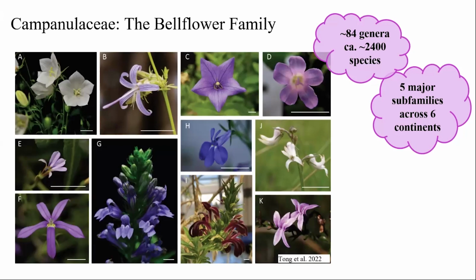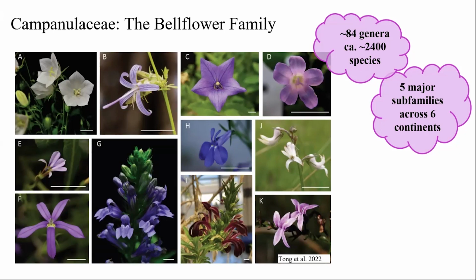So first, I'll start with a little background on Triodanis here. It is within the Campanulaceae family, which is the bellflower family. This family is huge. It's got approximately 84 genera and 2,400 species, and it is located across 6 of the continents. So there is a great diversity in distribution and morphology here.